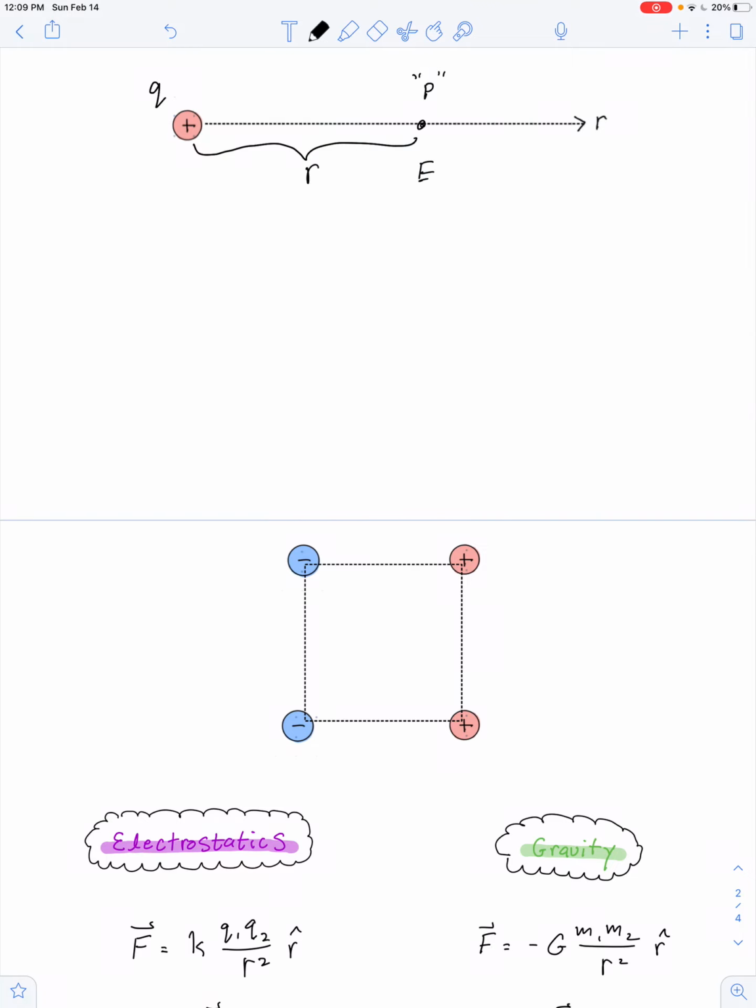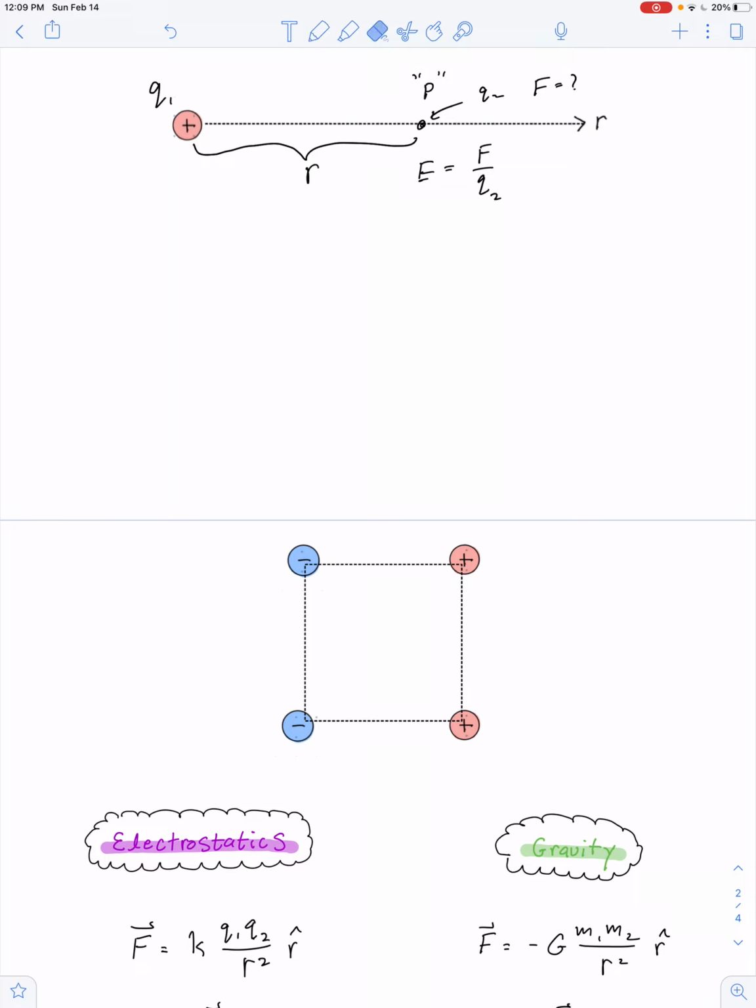Now we can figure out how strong the electric field is at that point. So if I were to put a second charge here, if this becomes Q1 and I place some Q2, what would the amount of force on Q2 be equal to? Well, the electric field would be whatever that force is divided by the charge of Q2.